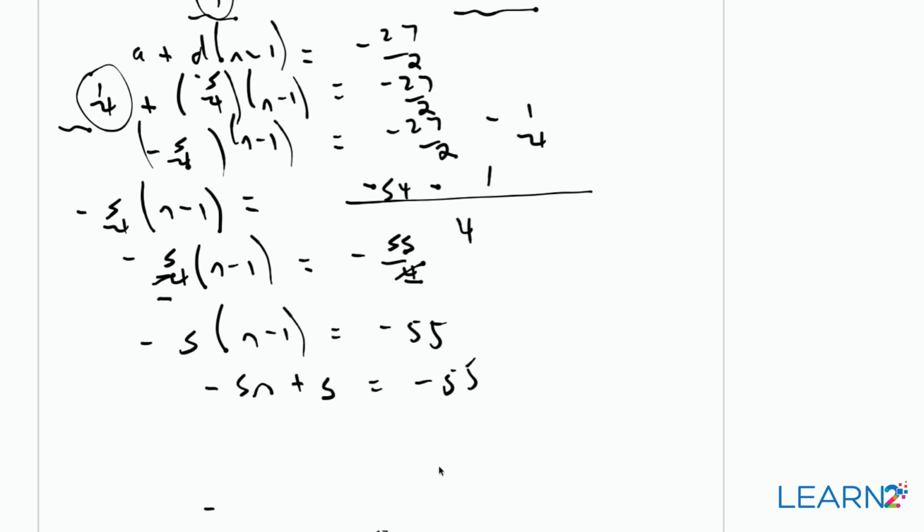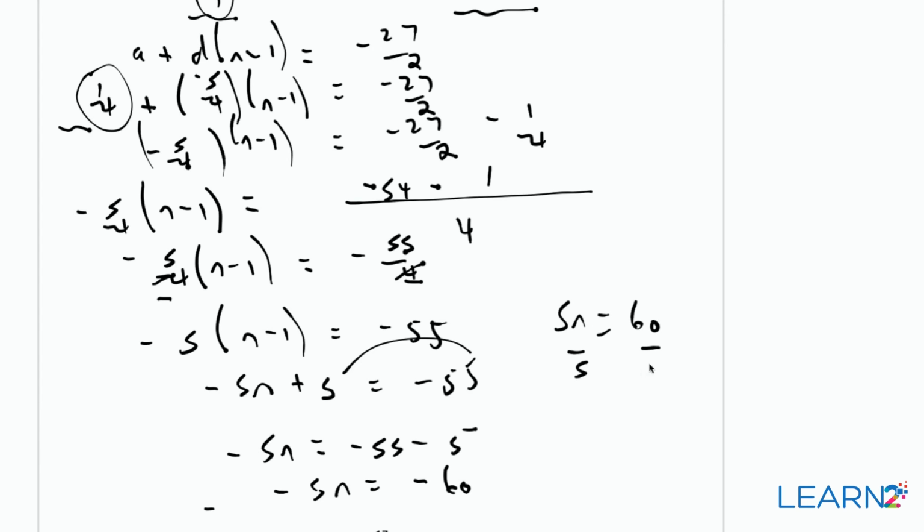Let's take that 5 over. So what are we going to get? Minus 5n equals, take it over, minus 55 minus 5. So minus 5n becomes minus 60. So that means 5n is 60. Divide by 5 on both sides, n equals 12. So what we've just worked out is that the 12th term, t12, is the term that equals minus 13.5.